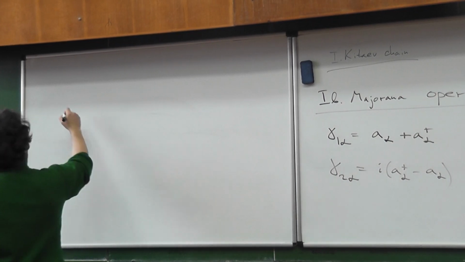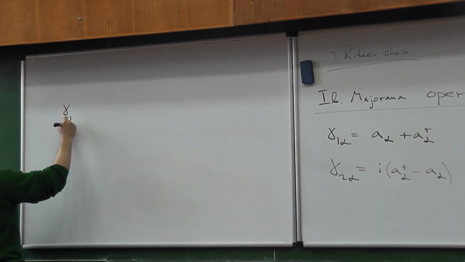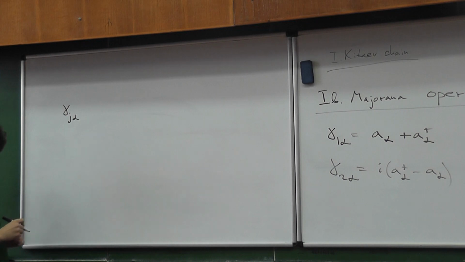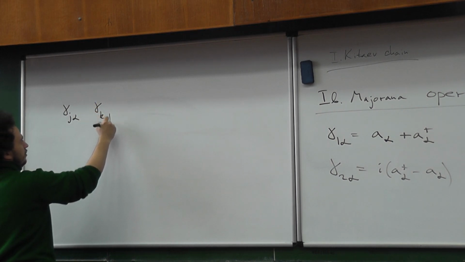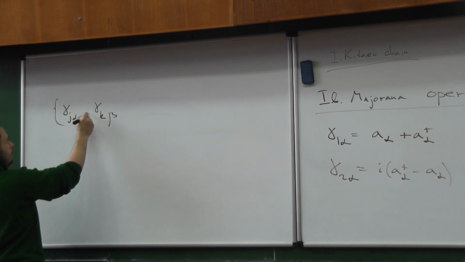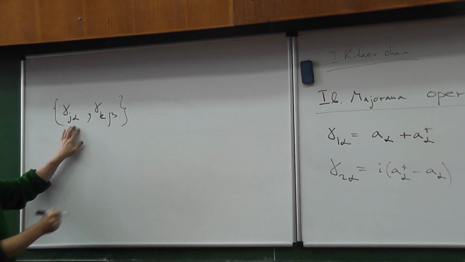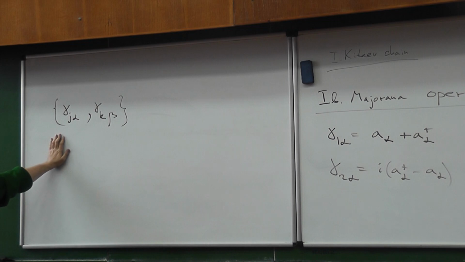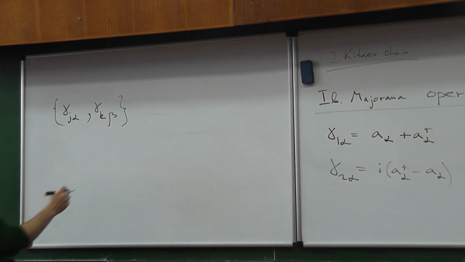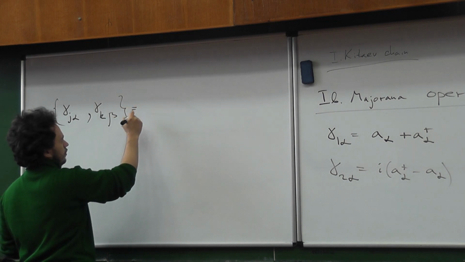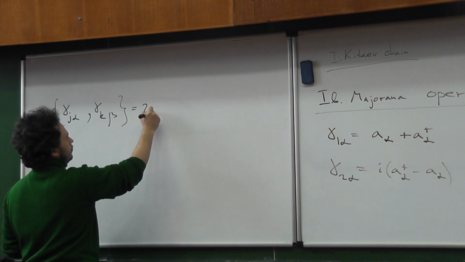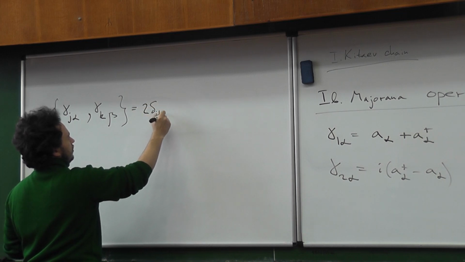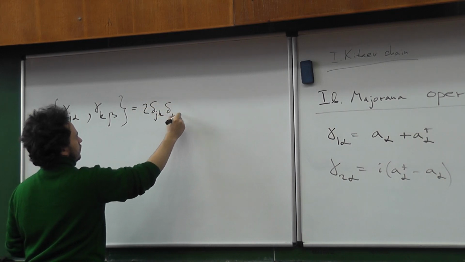I have operators gamma j alpha, and I have operators gamma k beta, a different Majorana obtained from a different fermion operator. The anti-commutator is going to equal 2 delta jk delta alpha beta.